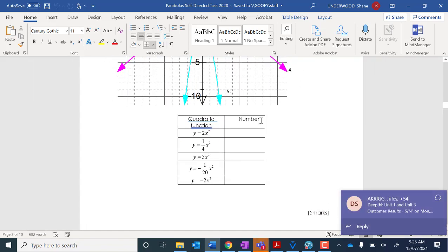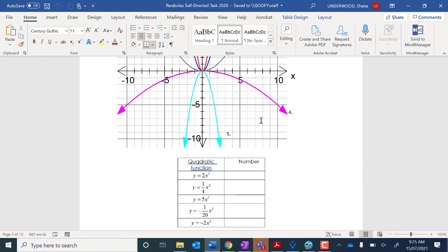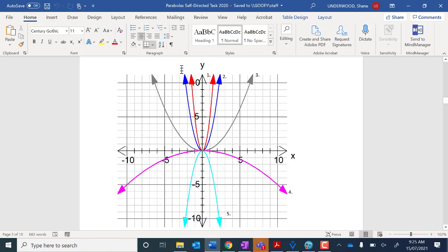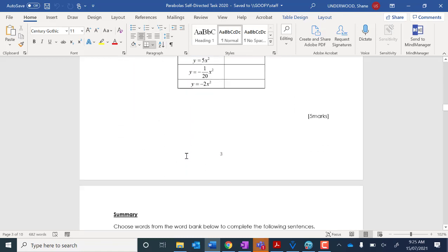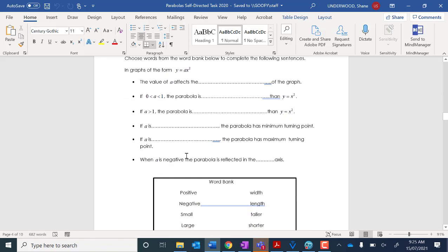So negative 1 over 20x squared. Yes, because the negative 2x squared would be much thinner, wouldn't it? So clearly that light blue one would be negative 2x squared. And likewise, 2x squared would be that blue one, because it's the same thickness as this, but just inverted.